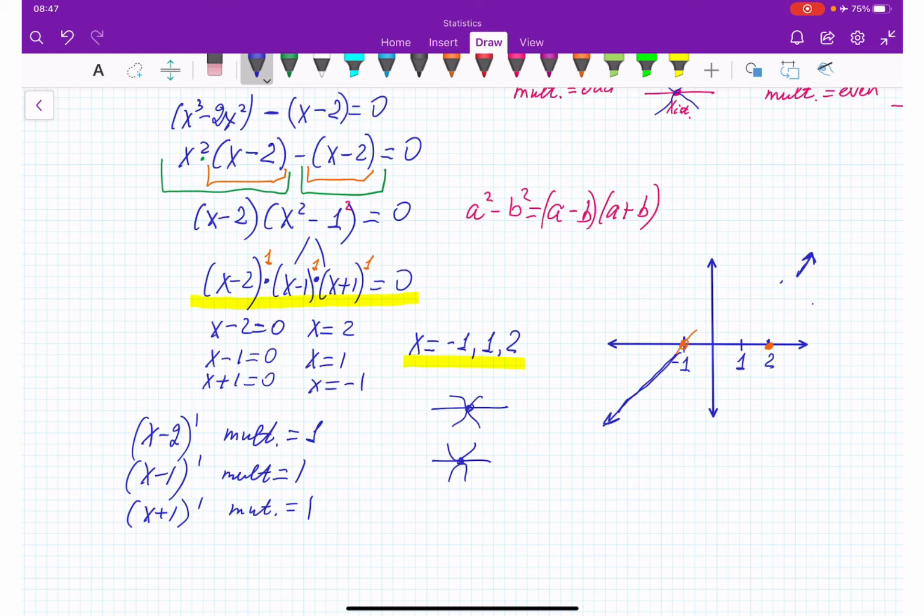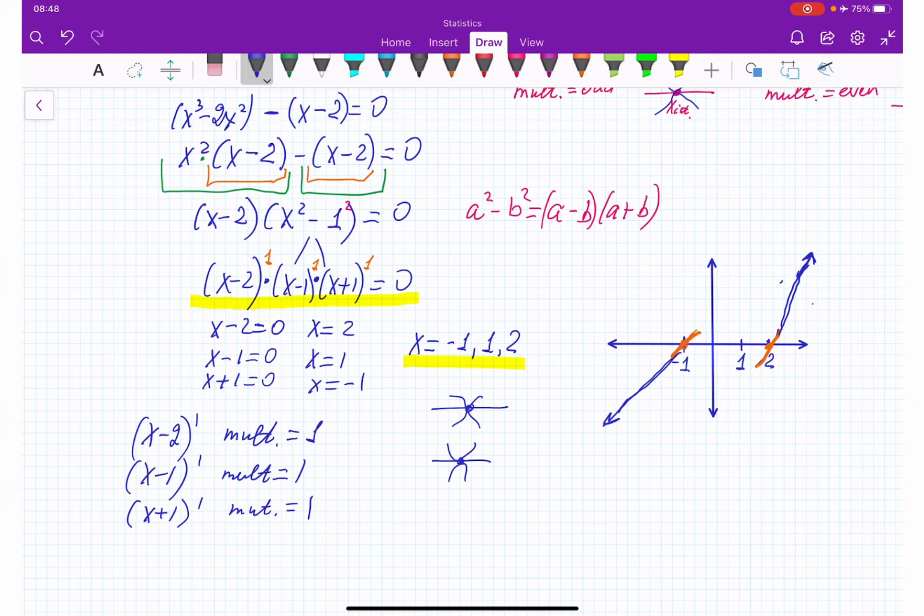And accordingly, at point 2, it's going to cross like this, so I can connect to the end behavior. Otherwise, if I draw it like this, there will be a disconnect with the end behavior. This is why we start with end behavior first, because it helps us identify how it's going to cross the x-intercept. Okay, and then I'm connecting to the end behavior.